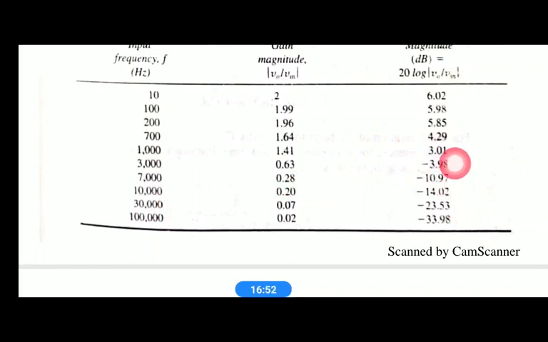The difference between these gains is 20 dB. So a 10 times increase in frequency reduces the gain by 20 dB. That is what we call 20 dB per decade reduction in gain after the cutoff frequency of 1000.